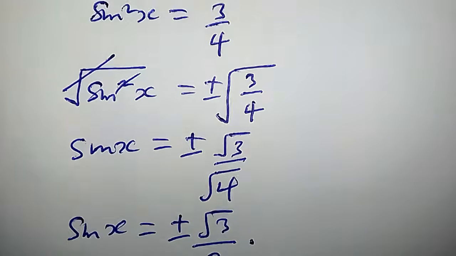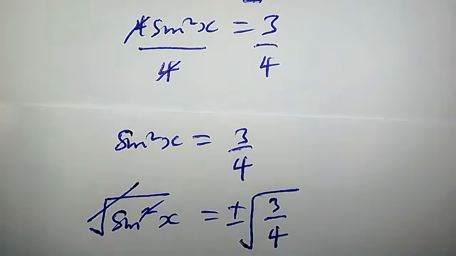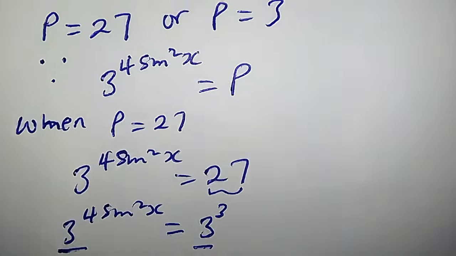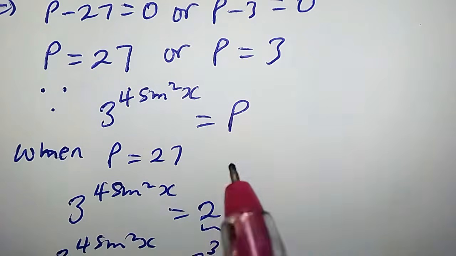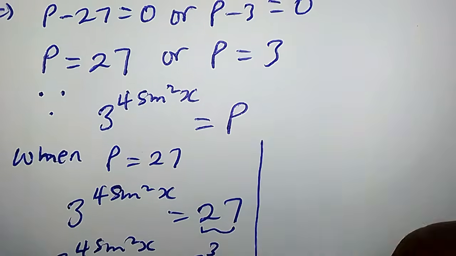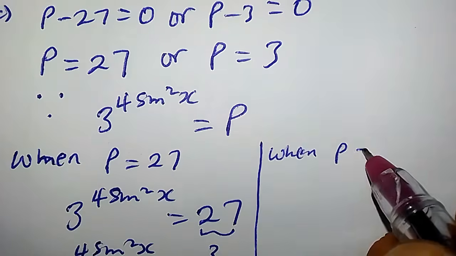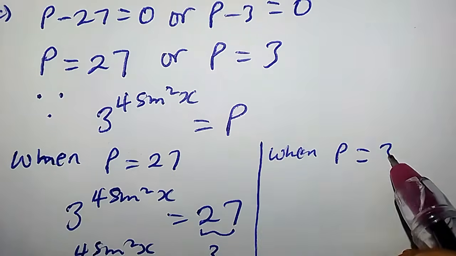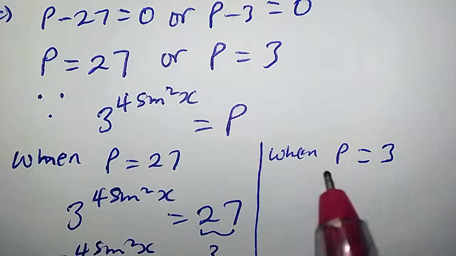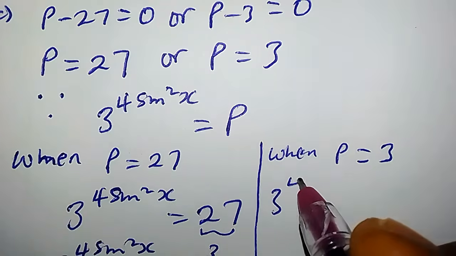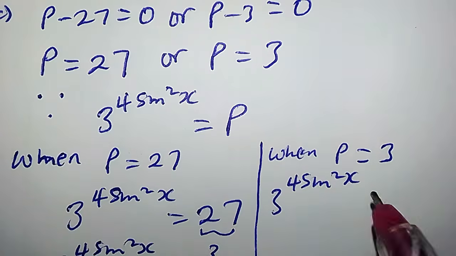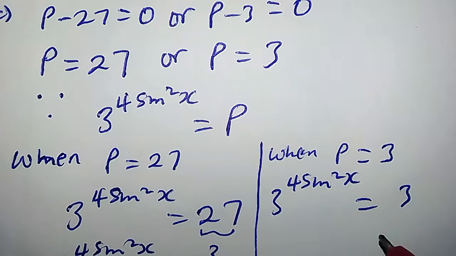Similarly, let us consider when P is equal to 3. When P is equal to 3, this equation now becomes 3 raised to 4 sine square x equal to 3.